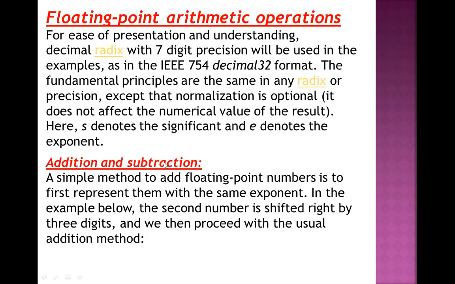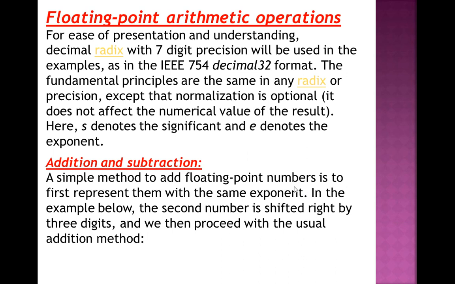Next point says addition and subtraction. So this is your arithmetic operation: how we add and how we subtract floating point numbers. A simple method to add floating point numbers is to first represent them with the same exponent. If one number has an exponent of 10 power 2 and the other has 10 power 5, first of all, bring the first number to 10 power 5, because the second number has that exponent.